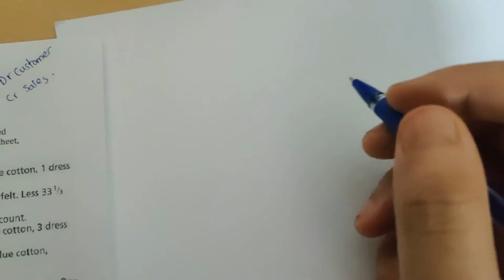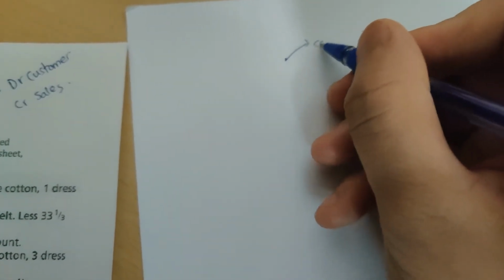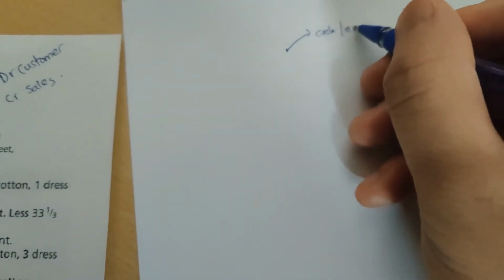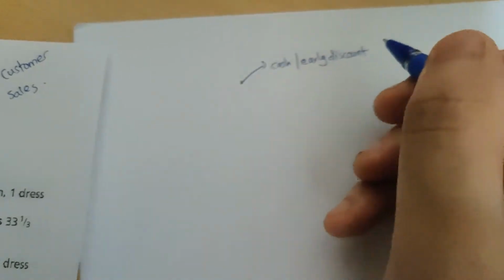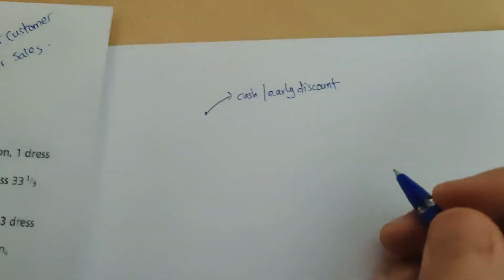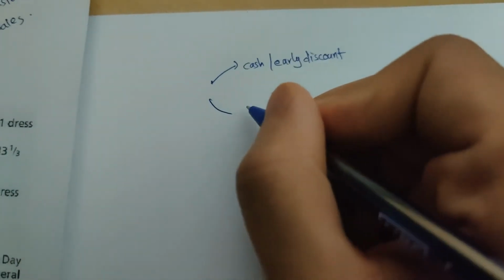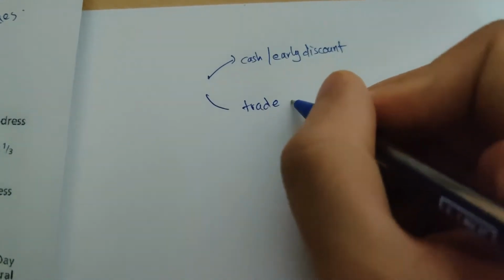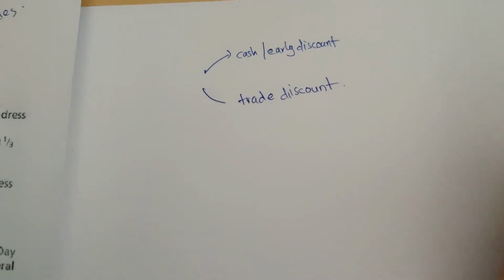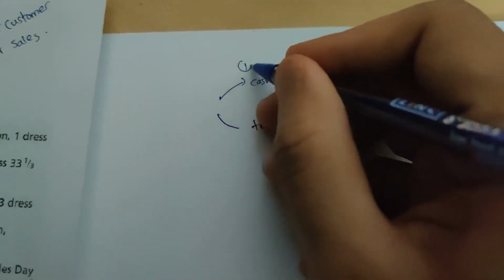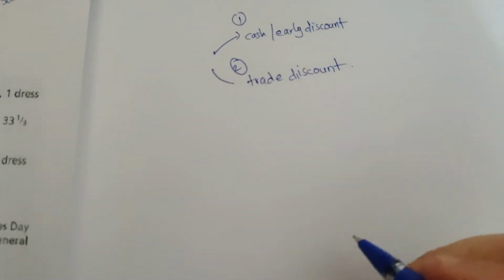First of all, you have two types of discount. You have one thing called cash or early discount, and you have a second thing called trade discount. Now let's look at it from the point of view of a sale.